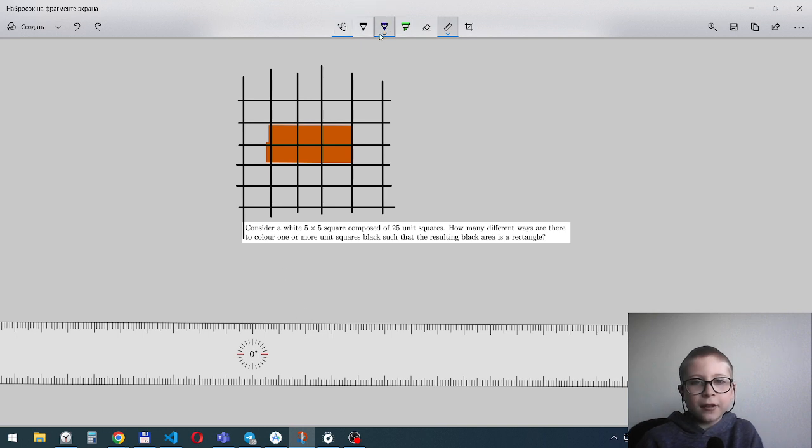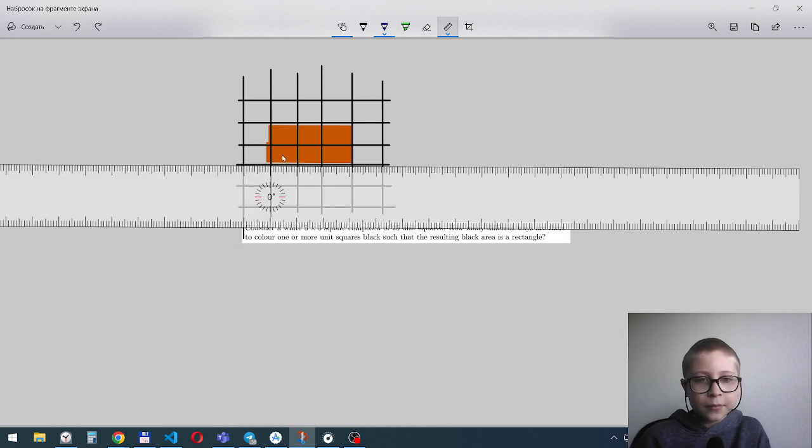I'm gonna define not squares, but lines.